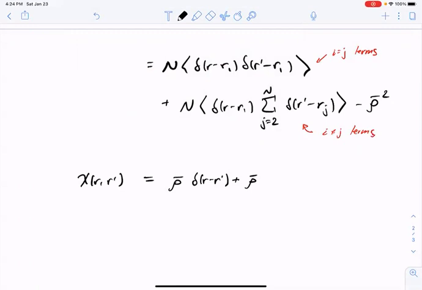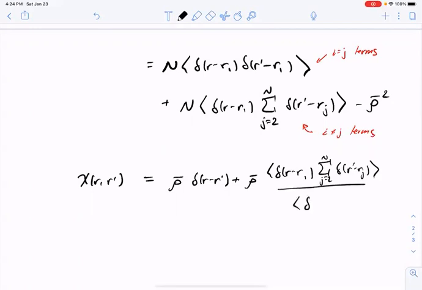The other I could keep implicit or explicit, and I'll have the delta function we had before, the sum, and divide by that average of a delta function. Still have less rho bar squared.